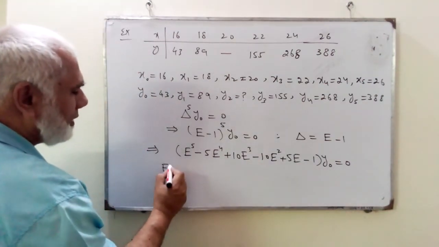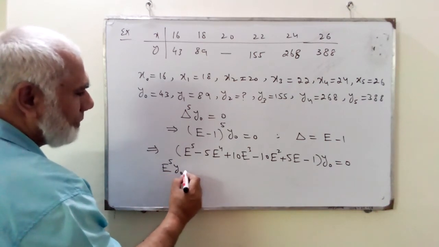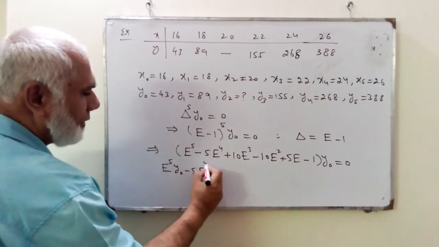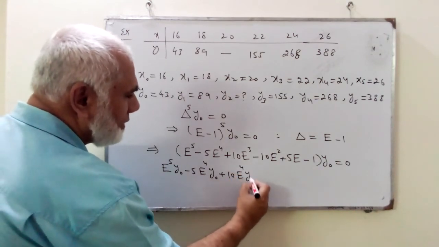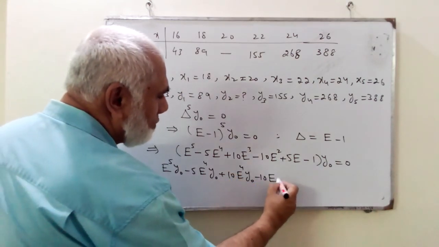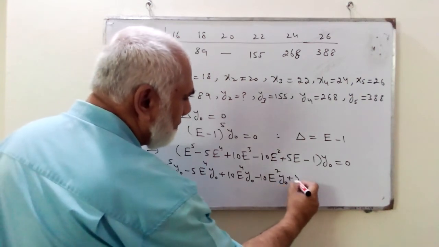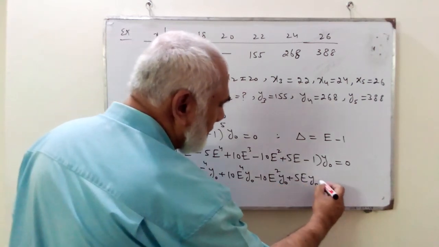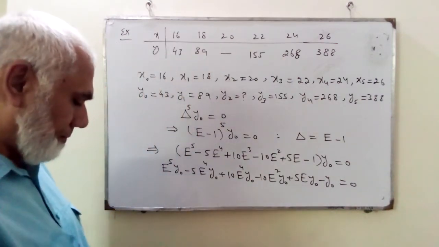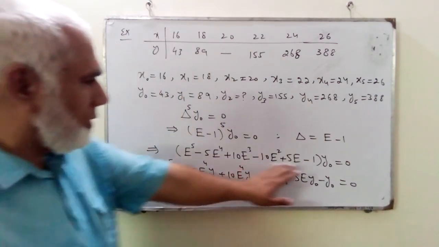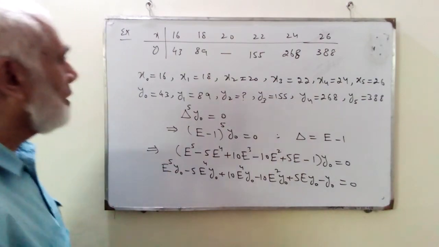So we can write it as E^5 y0, minus 5E^4 y0, plus 10E^3 y0, minus 10E^2 y0, plus 5E y0, minus y0 equals 0. Here we have just applied all these operators over y0.